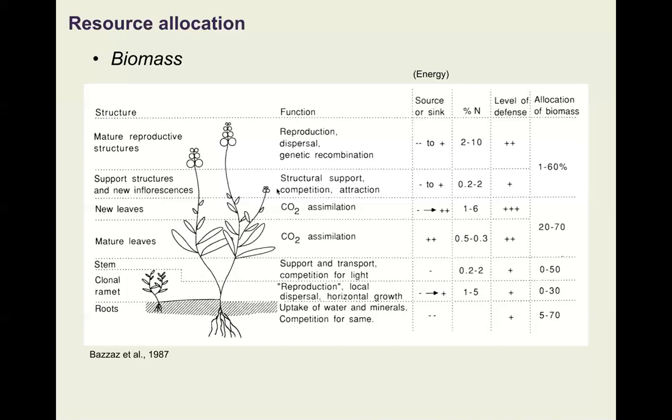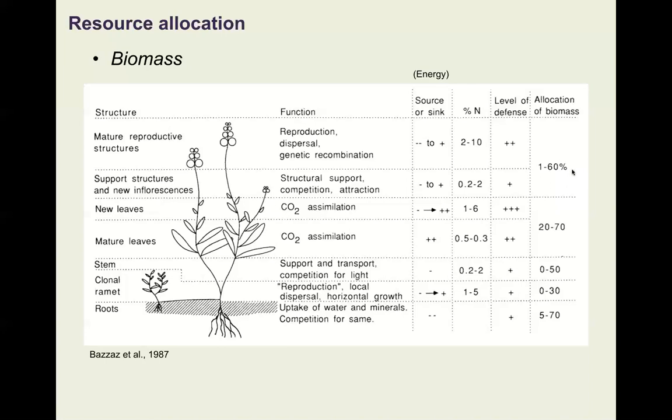So we can measure this as energy, percent nitrogen, here as biomass. So biomass, hopefully you've seen that term before. This is just, again, the mass of living material. If you want to see how much an organism has invested in a structure, as far as how costly it is, how much carbon did you have to get out of the atmosphere to make the flowers that are part of your plant?